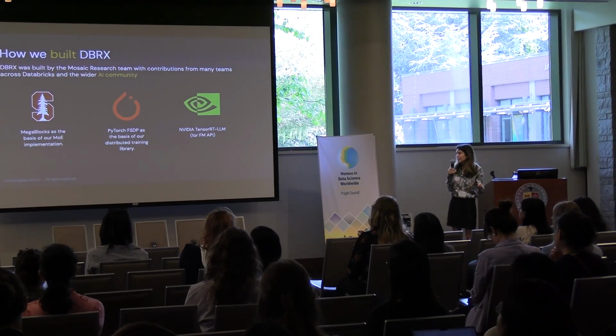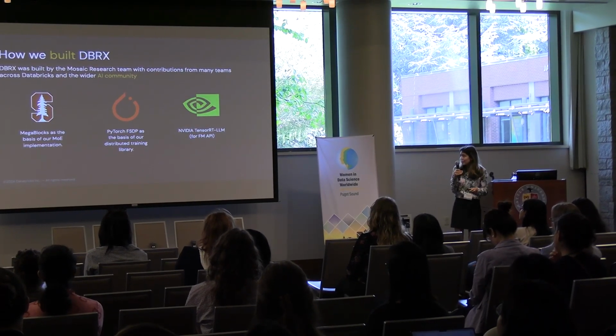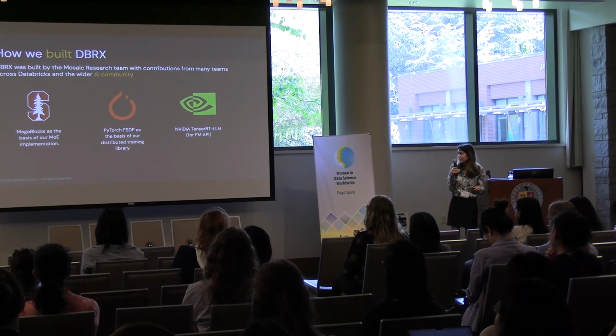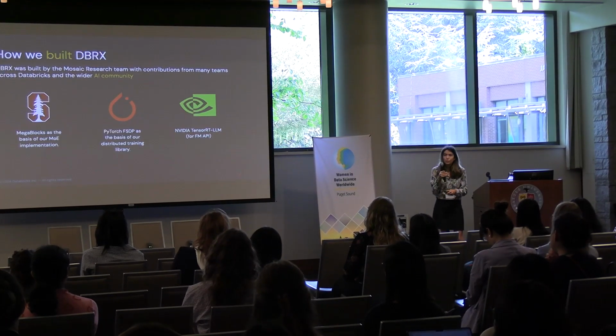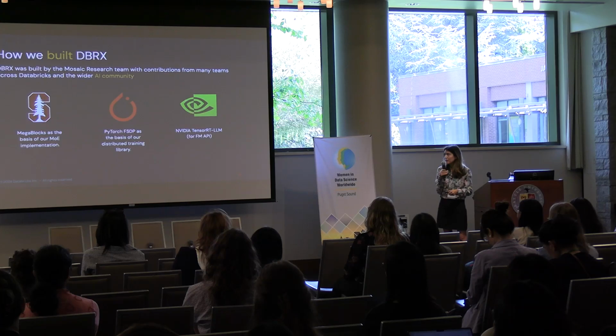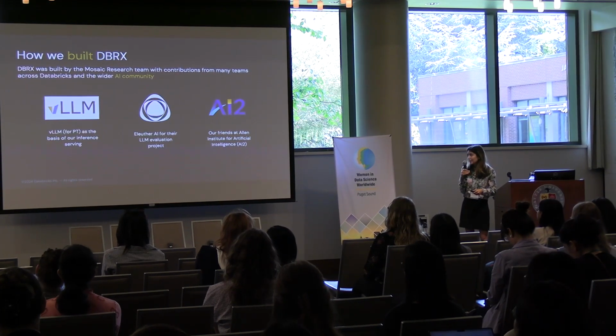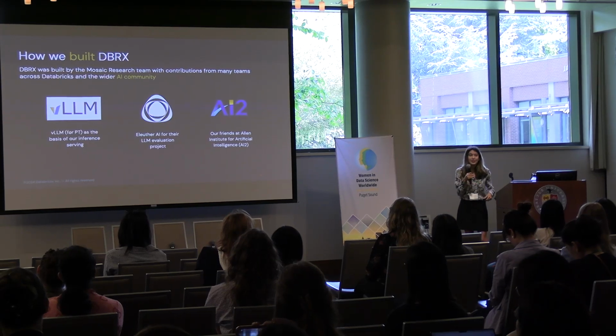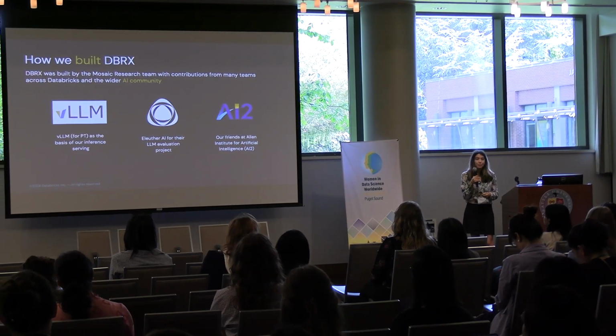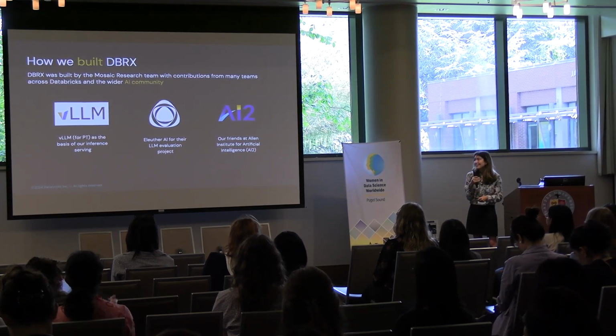We also used these open source libraries: PyTorch, Megablocks, and TensorRT. TensorRT is for inference. vLLM is also for inference. Eleuther, and AI2, which is here in Seattle. We actually got most of our data from AI2.